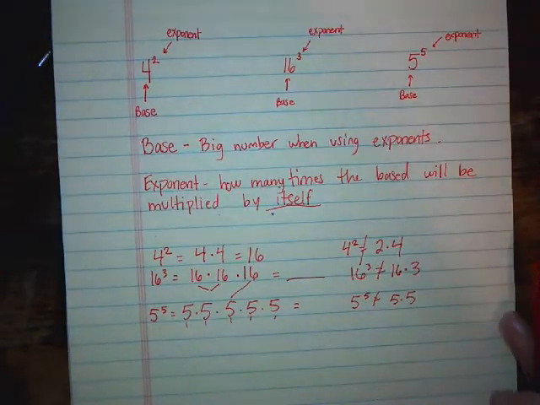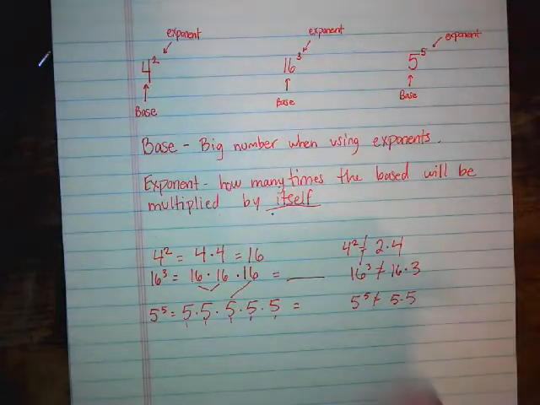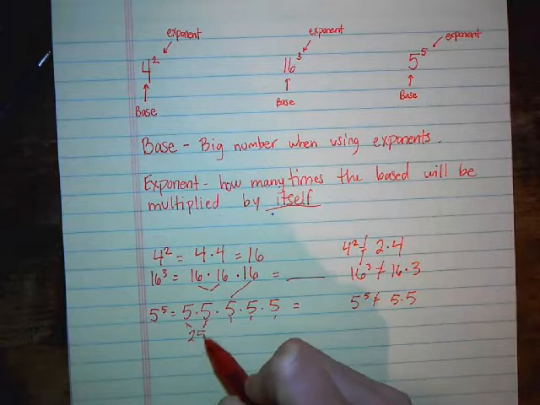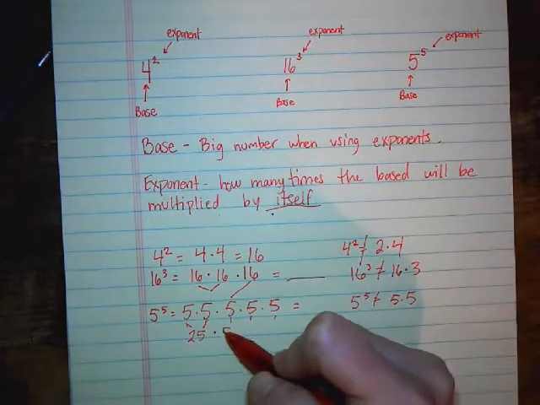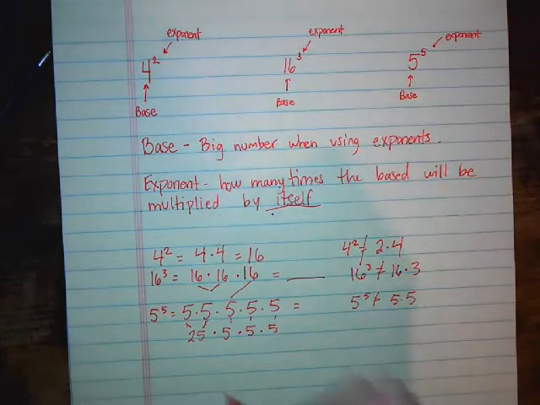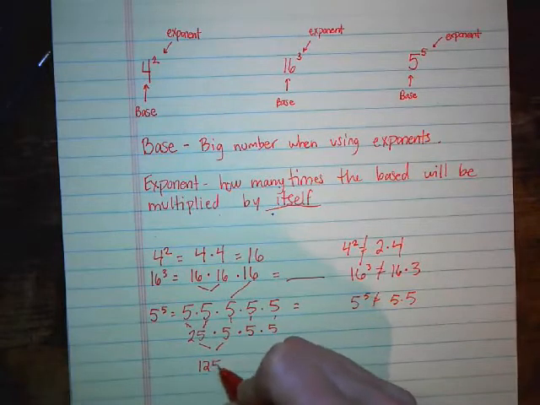Let's just confirm this rule right here. And so let's solve this. 5 times 5 is 25. And I'm going to rewrite each of the 5s that I have left. 25 times 5 is 125.